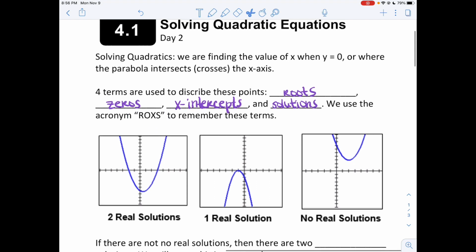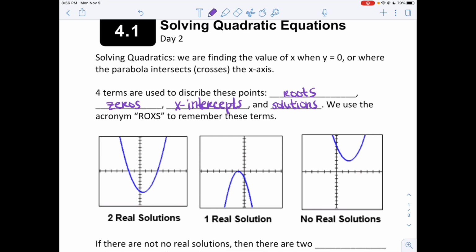Let's go ahead and talk about types of solutions for a minute. If we have two real solutions, that means that our graph of our parabola crosses the x-axis in two places. If we have one real solution, it means that it just comes and kisses or touches the x-axis, and so it doesn't have two solutions, it only has one solution.